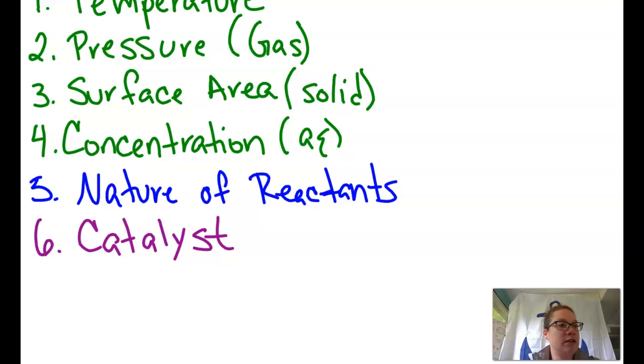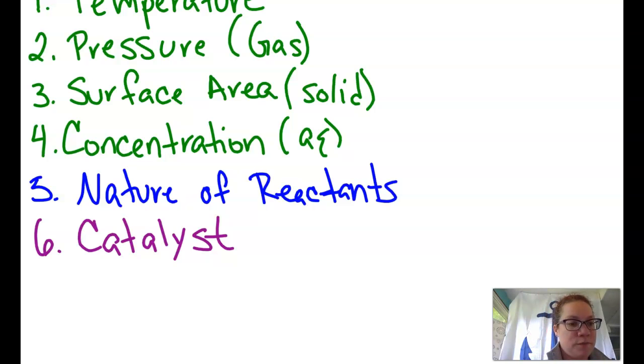But if I had them where one of these particles was introduced to a substance that allowed it to stay here, like it was a T on a T-ball, this particle coming in has an easier time having an effective collision because the catalyst is a helper to the reaction, but it's not used up in the reaction. So a catalyst is a substance that specifically increases the rate of the reaction, but it's a spectator. It's not actually involved in the reaction itself.